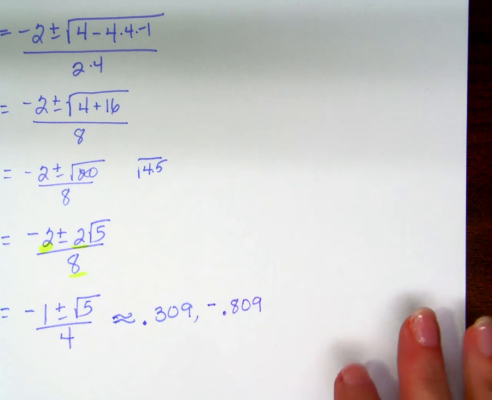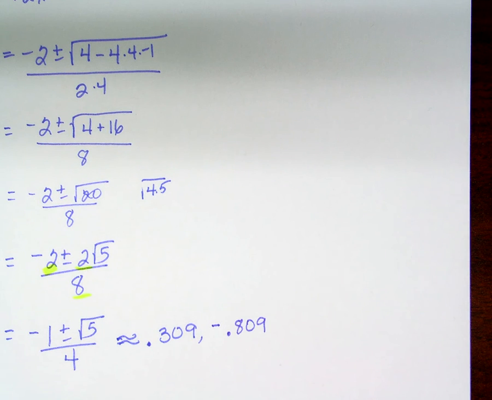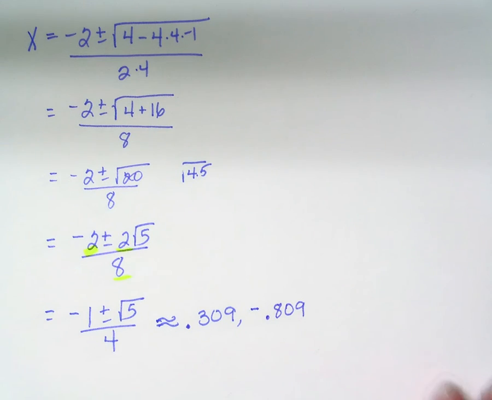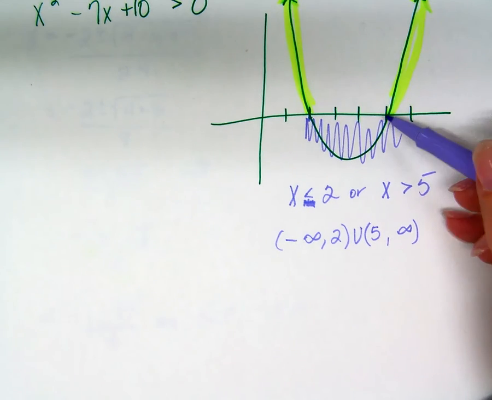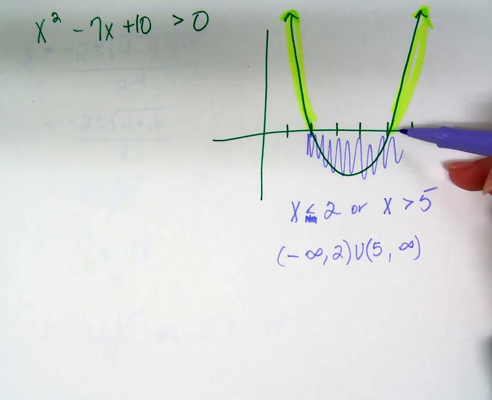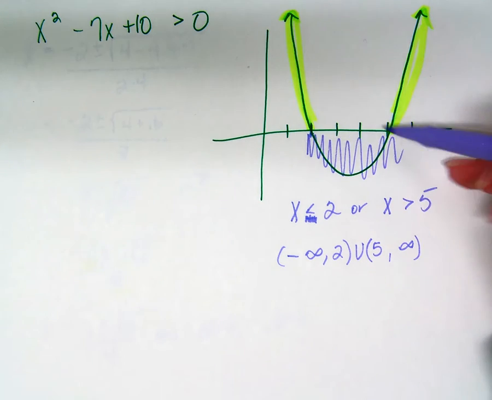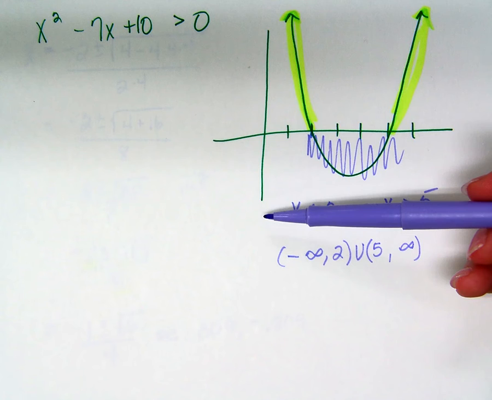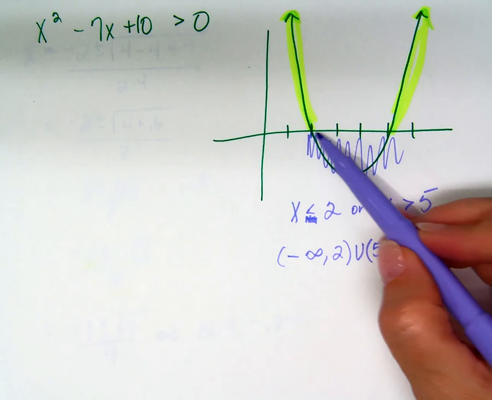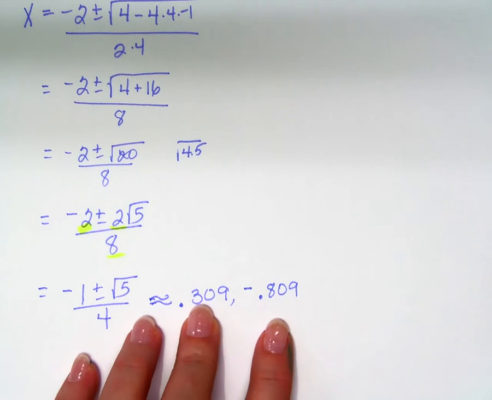Okay, that's where I need to go to figure out what my boundary points are. We didn't really talk about that here because we just kind of went on with it, but these are kind of my boundary points, aren't they? It's like where something stops and where something starts. This part down here is not counting. The part up here is counting, and the 2 and the 5 were my boundary points. Well, these are my 2 boundary points.